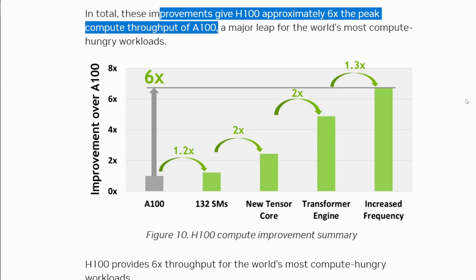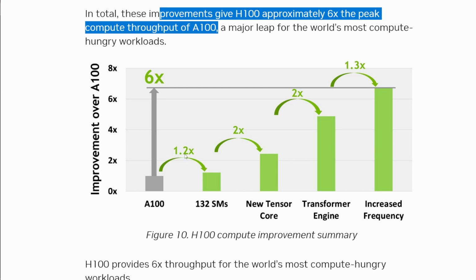So where does it come from? If you look at this, it tells you very clearly that the most significant contribution comes from the new Tensor cores, 2 times faster, and the transformer engine or transformer library, where you get another 2 times improvement. It is not so much the streaming multiprocessors here.